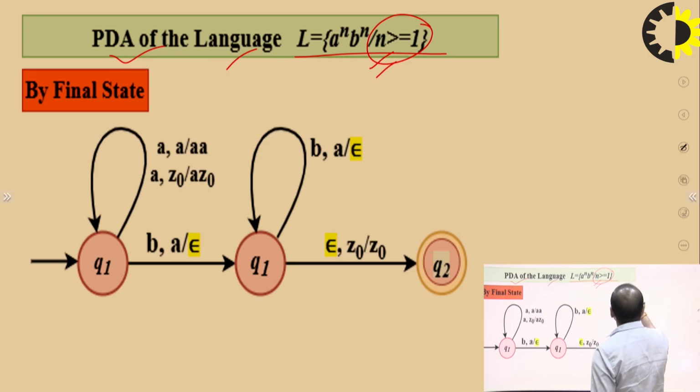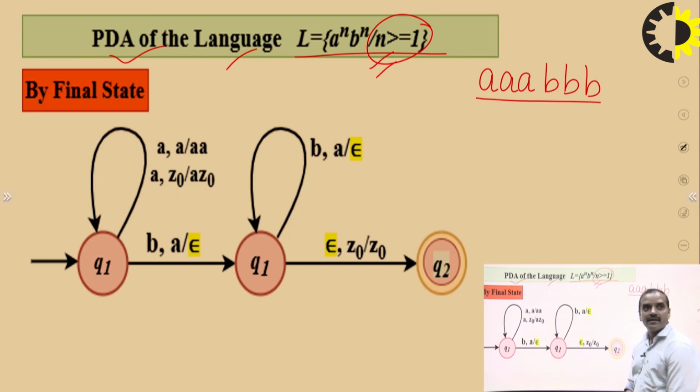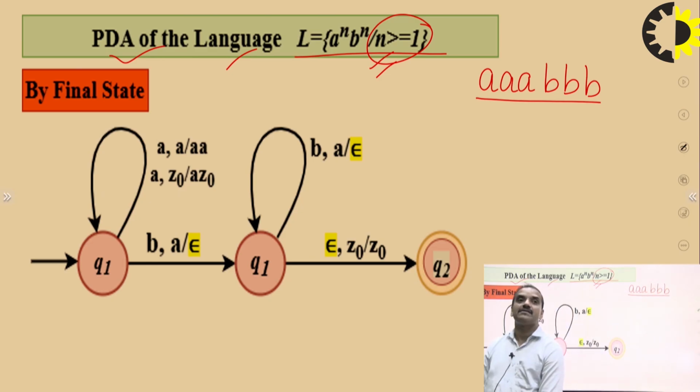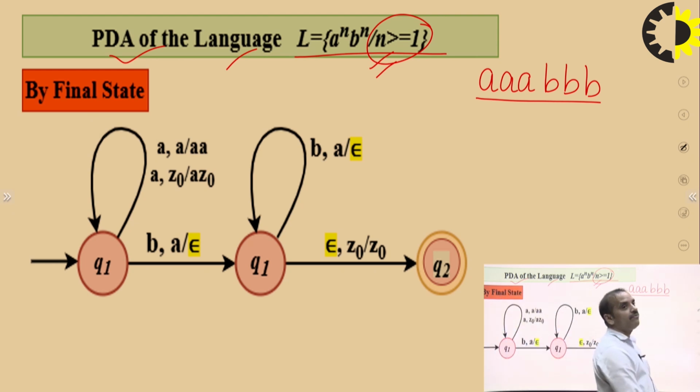If we want to write a string for the given language, for example triple A, triple B. This is a string generated by the given language. The number of A's is equal to the number of B's.